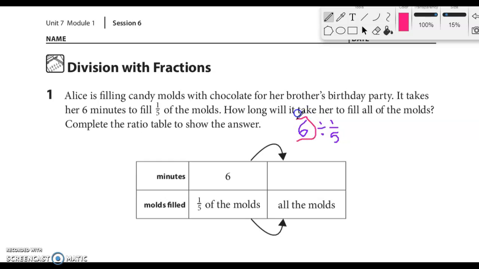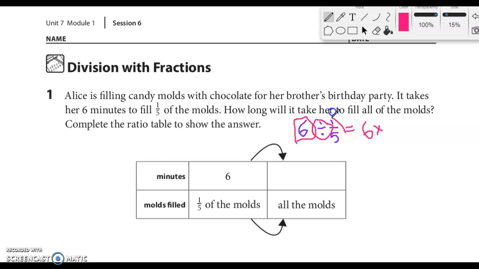This first number, no matter what it is, will always stay the same. So I'm going to put equals and I'm going to keep 6 the same. Now this is where it gets a little bit tricky. You're going to take your sign, which is division, and you're going to do the exact opposite of it. The exact opposite of division is multiplication.